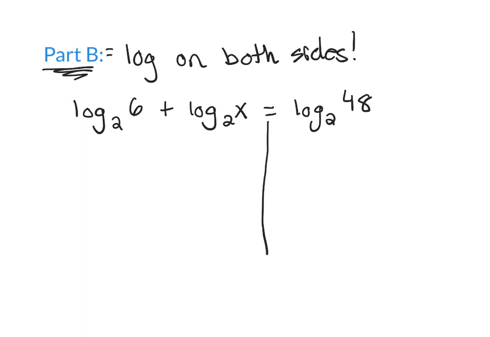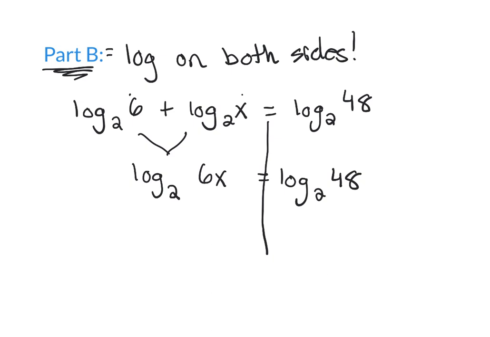So let's think about this. Anytime we have the addition, we need to condense it. So log base 2 of 6 times x is 6x equals log base 2 of 48. All right, well, I have two log base 2s and they're equal to each other.